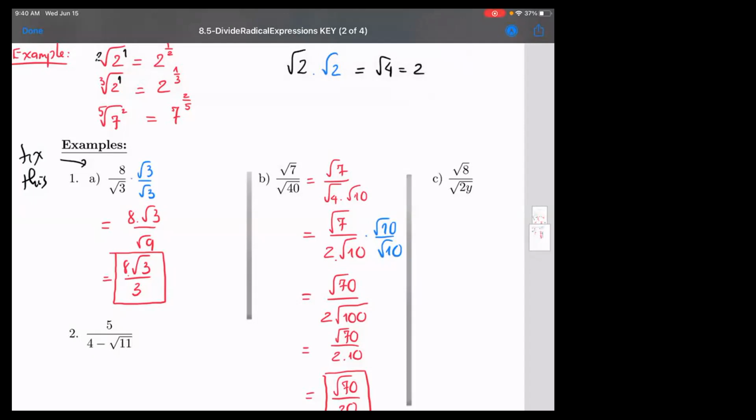Okay, so you're only able to simplify the 16, but you won't be able to simplify the y. So the y is still under the root. Okay, so 4 root y on the top. So square root of 16 is 4. Yeah, that's correct. So square root of y is still square root of y.